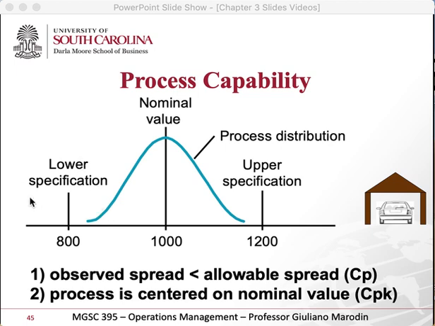And we have the lower specification and the upper specification. So now it's different. It's not control limits. It's customer specifications, and these specifications will be given to you in each problem. We're going to do problems in Pearson MyLab, in class, and on exams. They're going to give you the upper and lower specifications, and they're going to give you the mean and the standard deviation of this distribution.